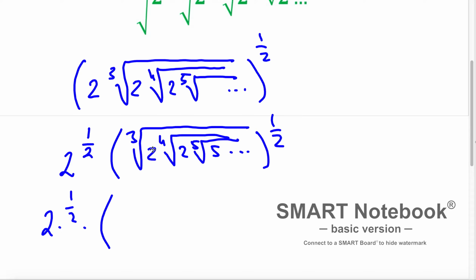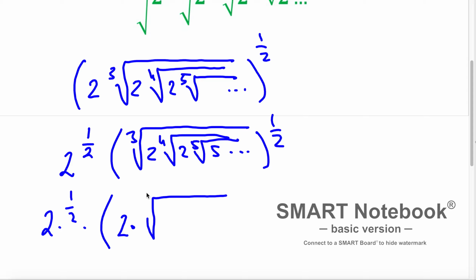and the first term here I'm going to write with a rational exponent, this radical with index 3. So 2 times everything here inside remains the same thing.